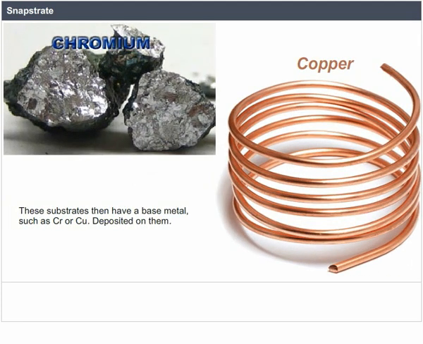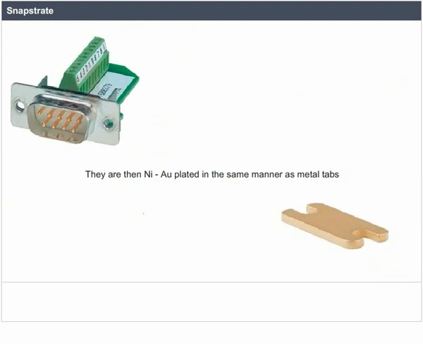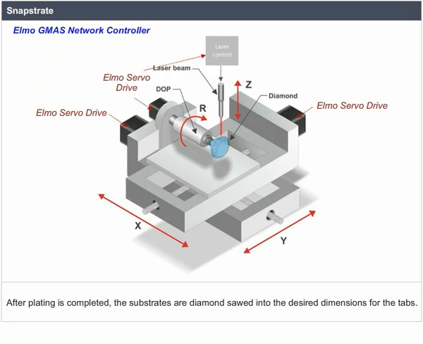These substrates then have a base metal such as Cr or Cu deposited on them. They are then NiAu plated in the same manner as metal tabs. After plating is completed, the substrates are diamond sawed into the desired dimensions for the tabs.